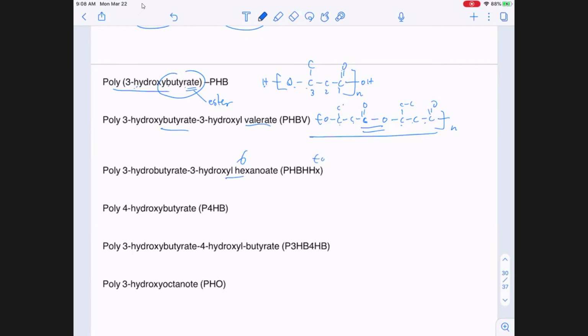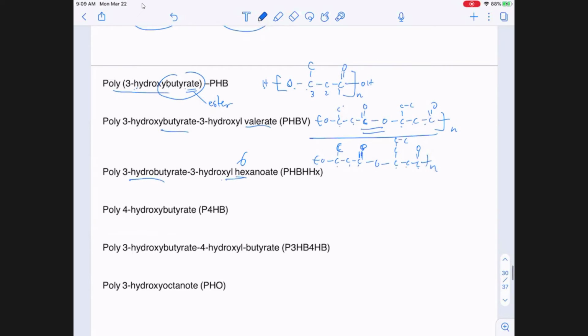Like this one, 3-hydroxy same: 1, 2, 3, 4, the carbon, the oxygen is here. Because the hexanoate has a total of 1, 2, 3, 4, 5, 6. That's the polymer.